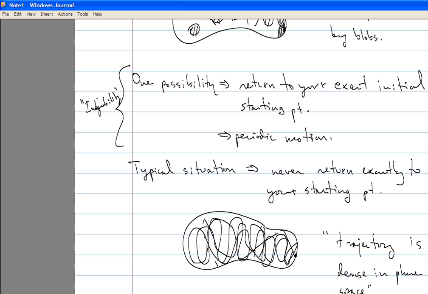Of course, the point here is that the volume of phase space that one needs to cover is absolutely gigantic, because it's a 2 times 10 to the 30 dimensional space. And so it is an absolutely huge amount of volume. And the initial volume that we're covering it with is very, very tiny. And so even though eventually it'll happen, the amount of time it would take is absolutely phenomenally long.